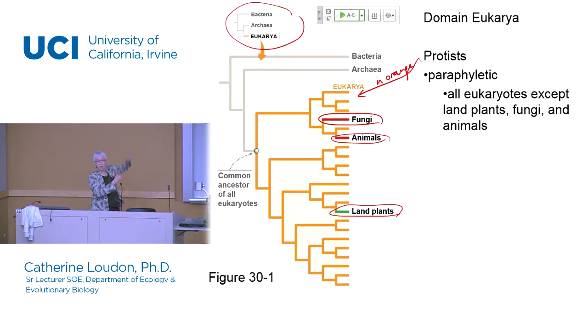Then in the part of the figure below, the bacteria and the archaea are still just shown as a single branch because we're not focusing on them, so we don't really care about the diversification between those lineages right now, this very second. And so we're just leaving those as undifferentiated single lineages. That makes sense. And so this says the same thing phylogenetically as this one. There's just more detail shown in this one for the eukaryotes. Okay, so you should feel very comfortable going back and forth between that. If it doesn't make sense to you, that's a great question for office hours.